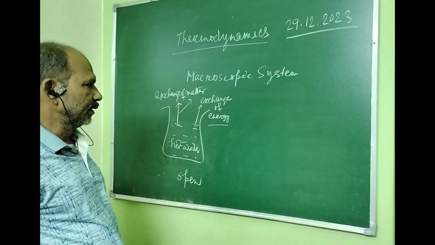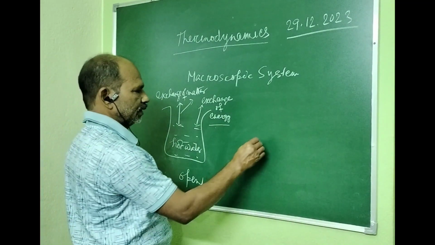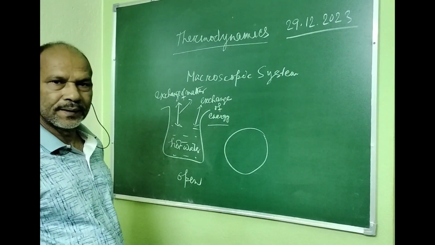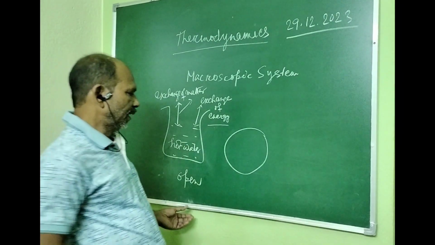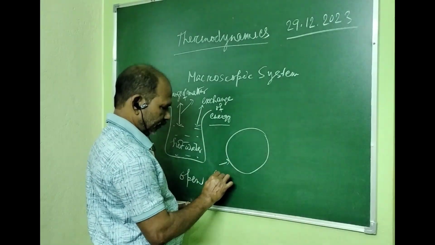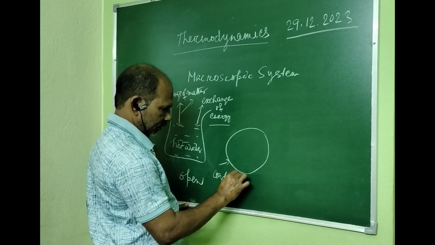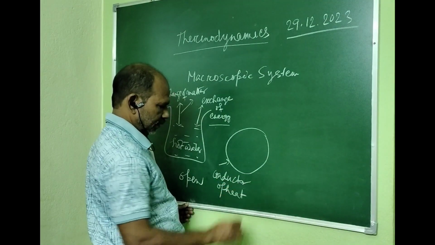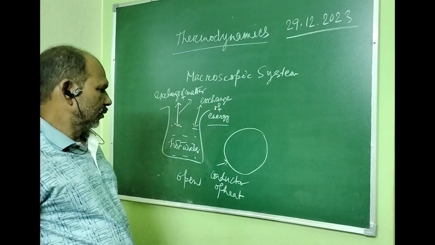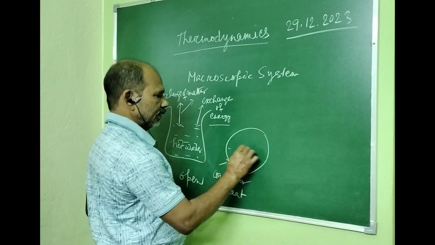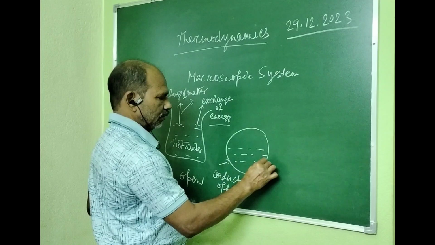The second type of system is the closed system. Suppose we have taken a sealed container made of some material which is a conductor of heat, and you have taken some hot liquid here.